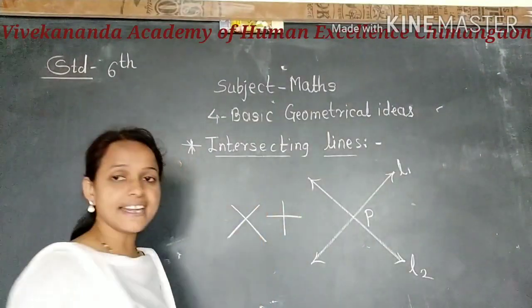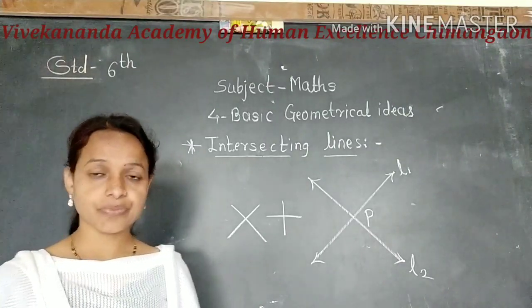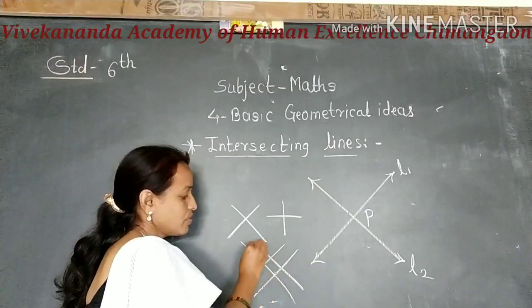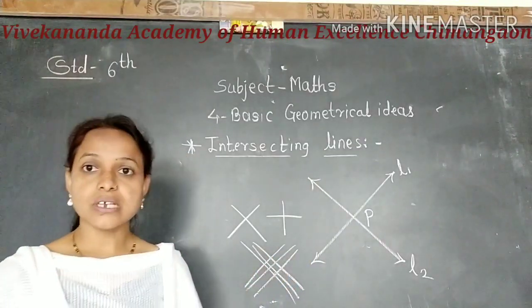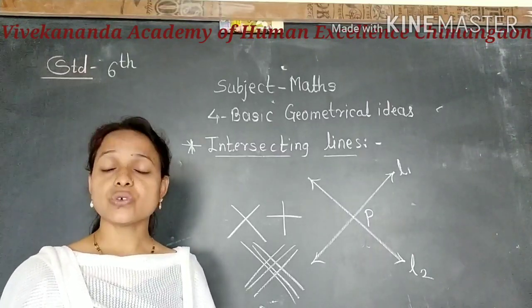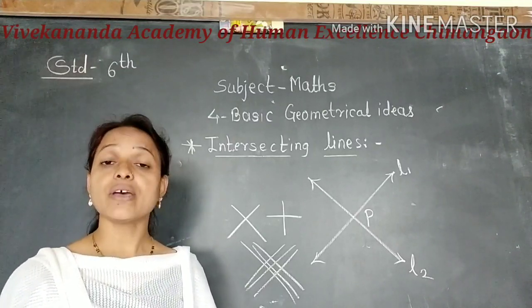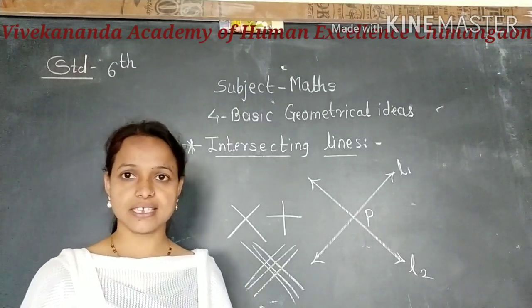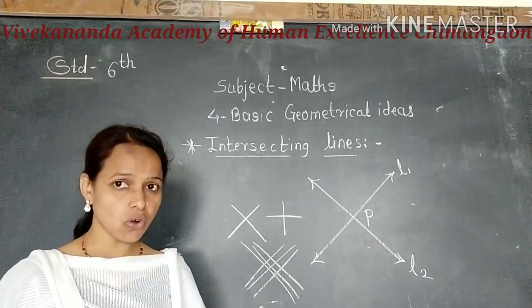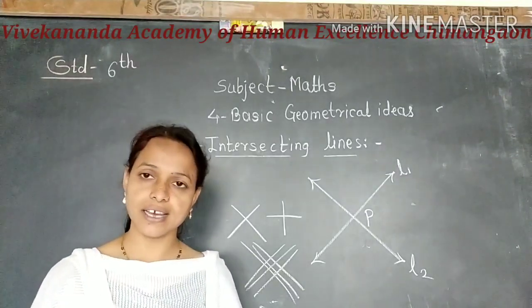As well as the addition sign. Also you have seen two roads which cross each other. This is also an example of intersecting lines. Daily you see around us so many examples of pairs of intersecting lines. Once again, if two lines have one common point, then we say that these lines are intersecting lines.